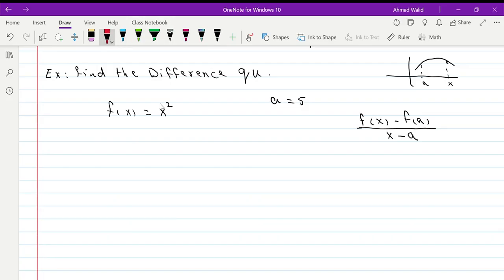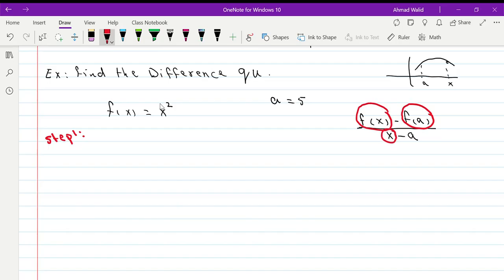Step number 1. If you want to make it easy for yourself, follow these steps. In step number 1, try to find f of a, correct? After you find f of a, you already have f of x. You already know x.